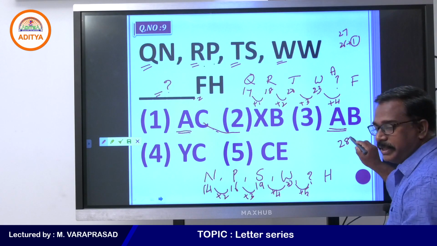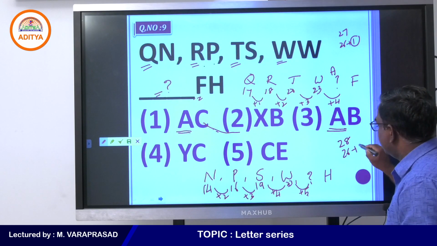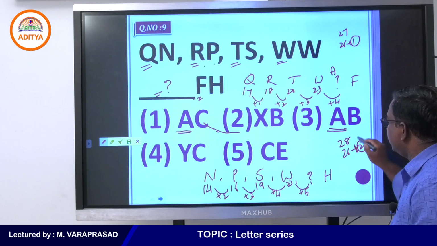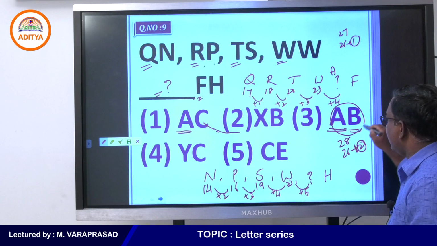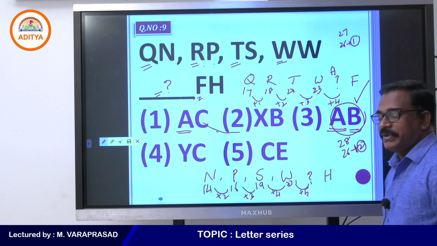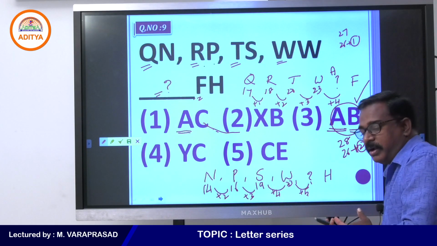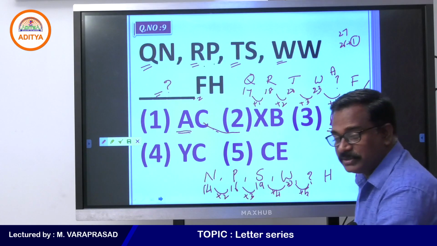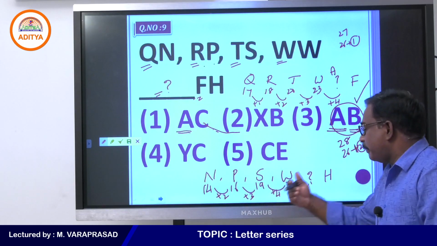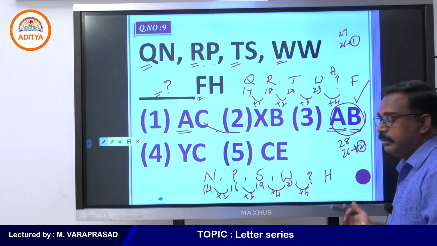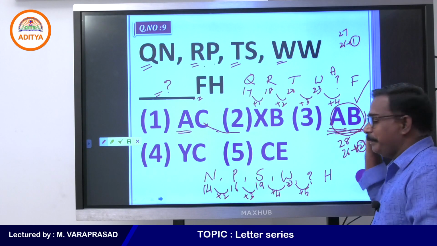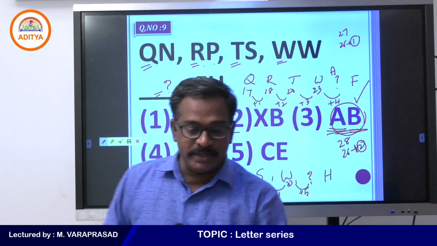The 28th letter will not be there, 26 plus 2, the second letter. So this is the second letter. So the answer is AB. The first letter series is plus 1, plus 2, plus 3, plus 4 and so on, and the second letter series started from plus 2, plus 3, plus 4, plus 5 and so on. The answer is AB, right?